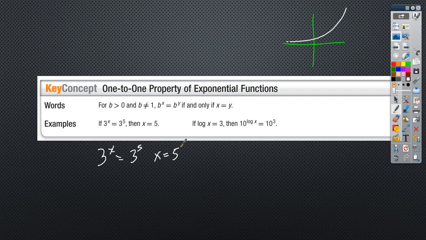Finally, if I have log base 10 of x equal to 3, I can undo the log by raising it to an exponent. My base is 10, so if I raise everything to 10, 10 to the log x is equal to 10 to the third.